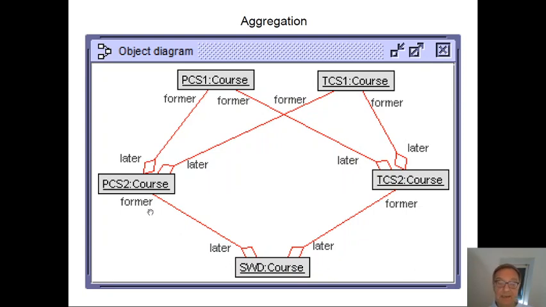I'm considering here Practical 2 and Theoretical 2 as part of the software development course, and Practical 1 and Theoretical 1 are part of Practical 2, and Practical 1 and Theoretical 1 are part of Theoretical 2, and this forms a cycle-free graph. That's the nature of the prerequisites.